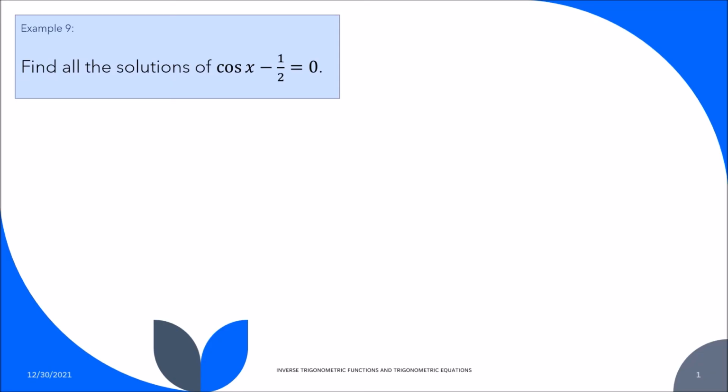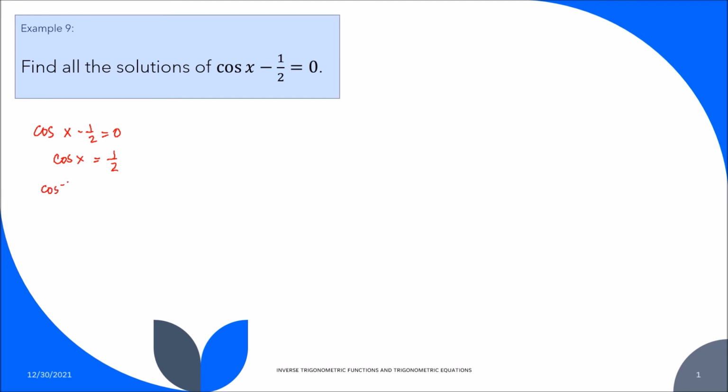Now let's apply the given techniques in solving trigonometric equations. Find all the solutions of cosine x minus 1/2 equals 0. Since the equation is linear in nature, we isolate cosine x. So we will have cosine x is equal to 1/2.